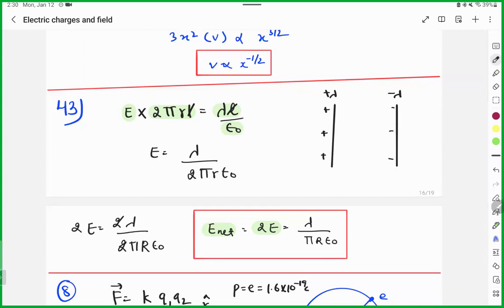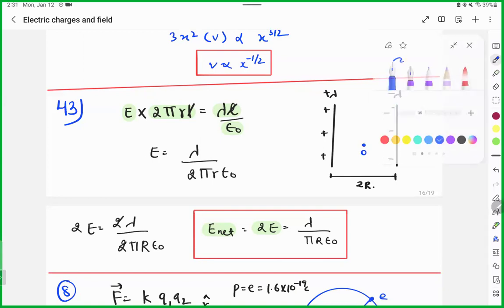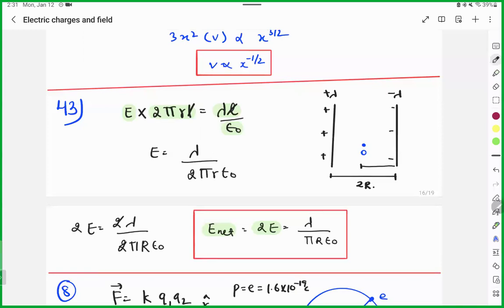The distance between the two rods is 2r. If a positive test charge is placed at the center, the distance from the negative rod will be r and the distance from the positive rod will be r.